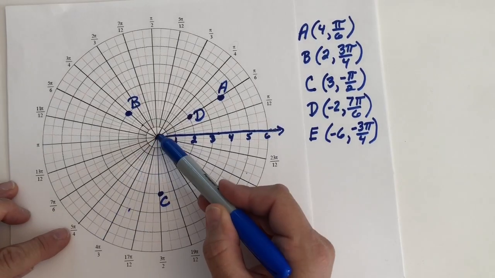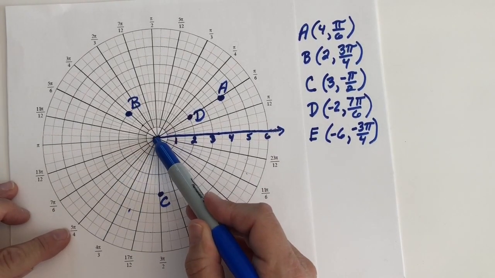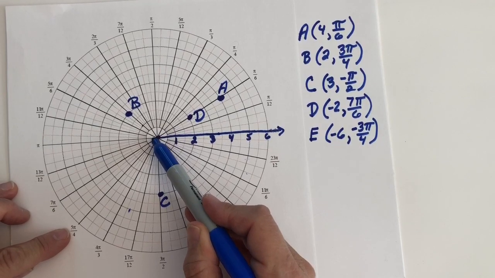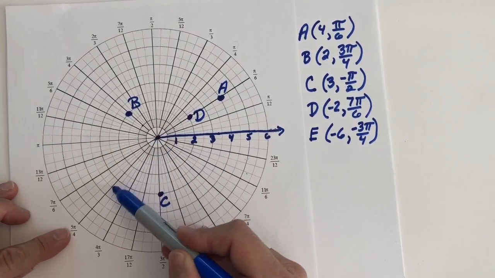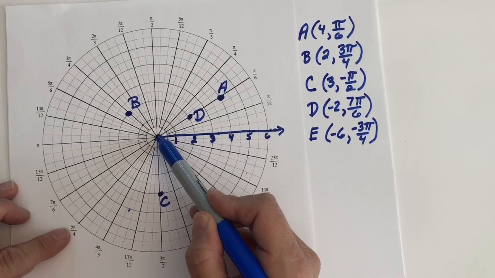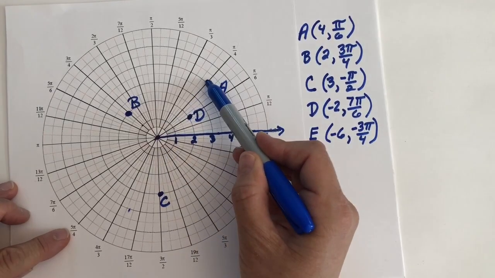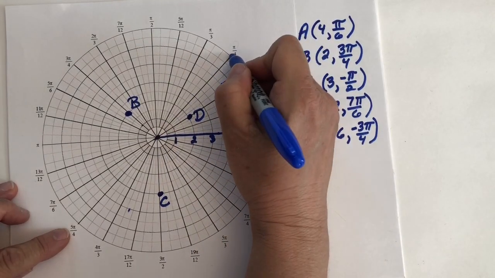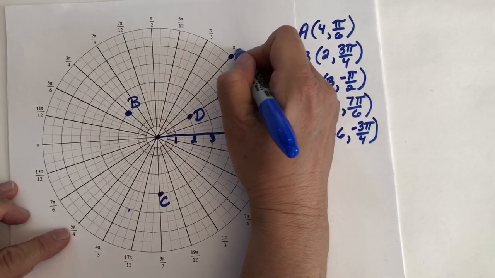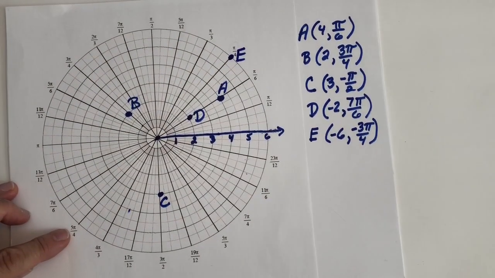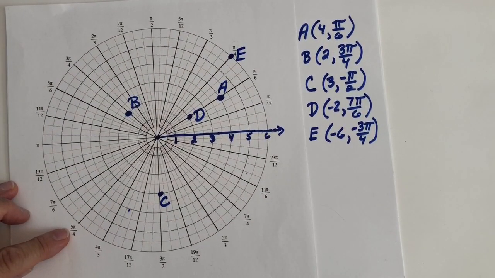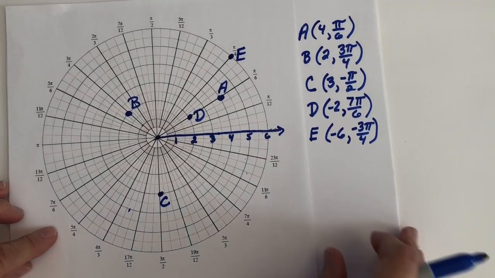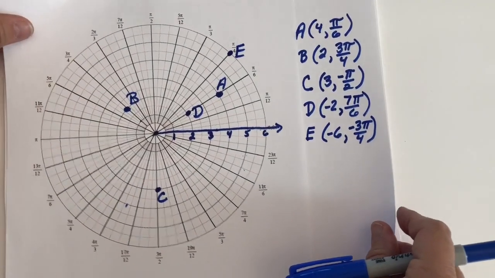Here's our terminal side. And now it says to go backwards 6 units. So I'm not going to go this direction. I'm going to go in the opposite direction 6 units. 1, 2, 3, 4, 5, 6. So here's my point E right here. Let's do another one. And let's start with a clean grid.